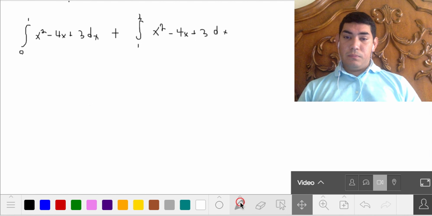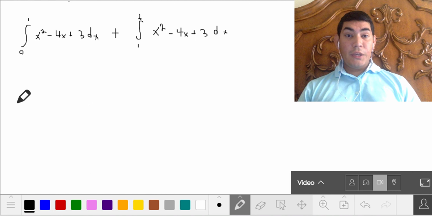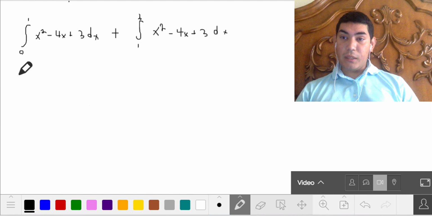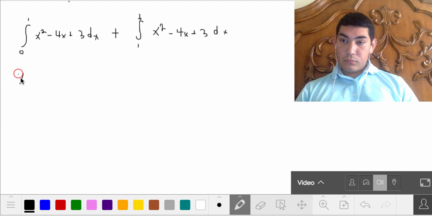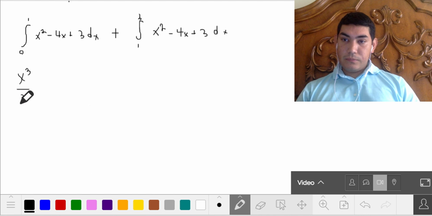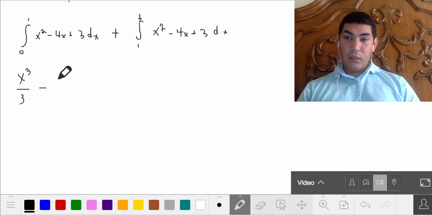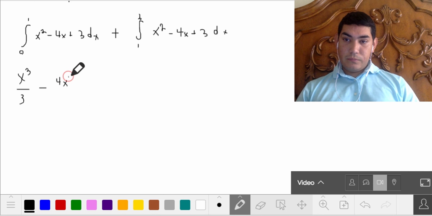Here the antiderivative of x squared will be x cubed divided by 3. The antiderivative of negative 4x will be, the negative stays, 4x squared divided by 2.